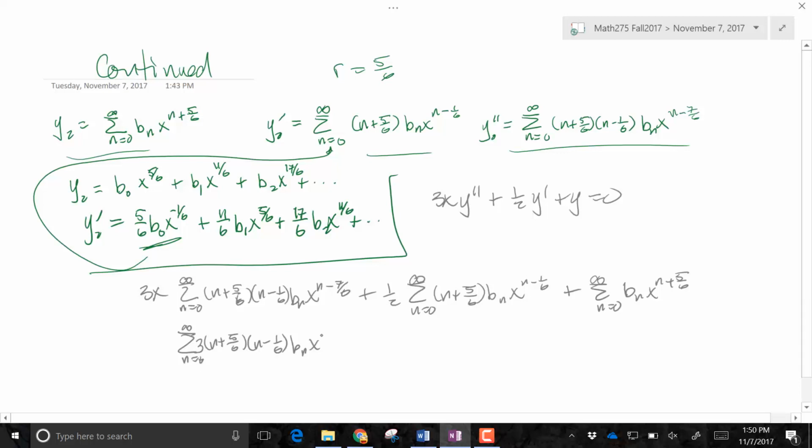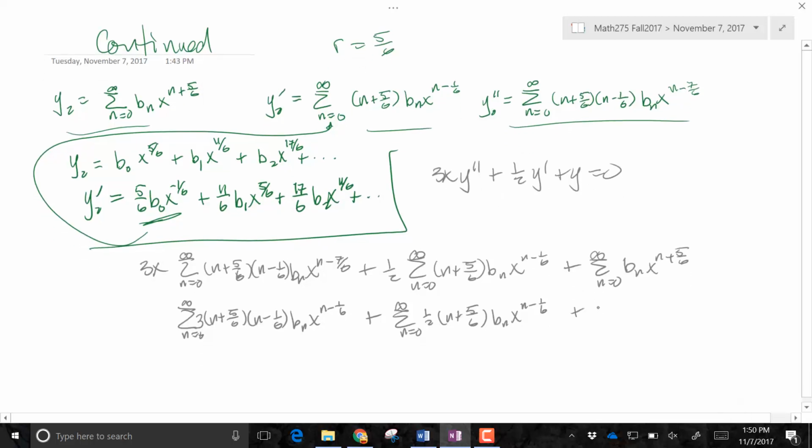That's going to be n minus 1/6 after we add an extra x. And then we have our second series. 1/2 goes in, n plus 5/6, b sub n, x to the negative 1/6. So they have the same power. That's good. The last one doesn't have the same power. Let's just change the last one.